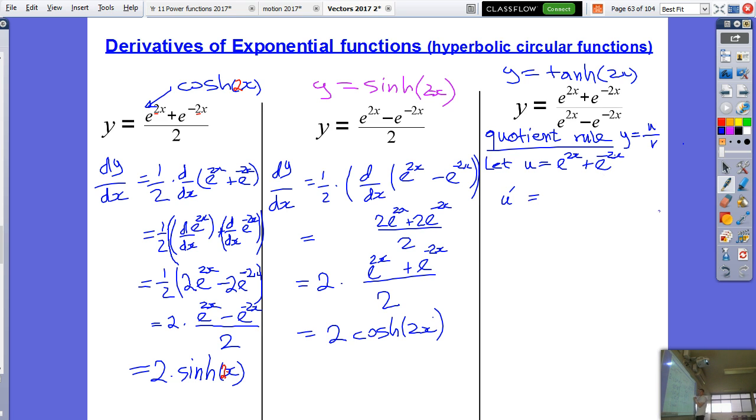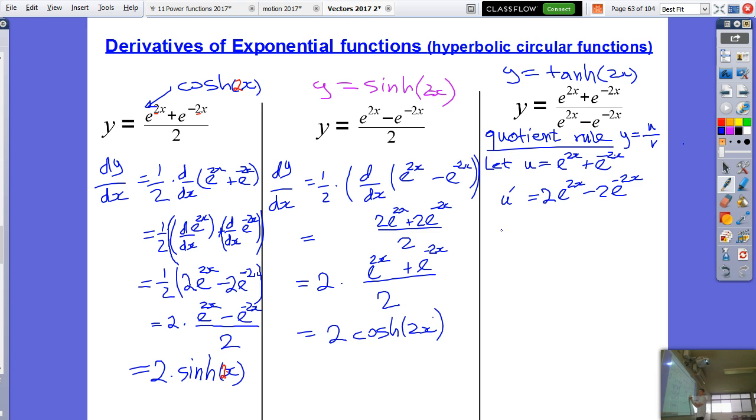Then u dash, differentiate both terms separately. Derivative of the first one, 2e to the 2x. Yep, and then negative 2e to the negative 2x. Does that make sense?